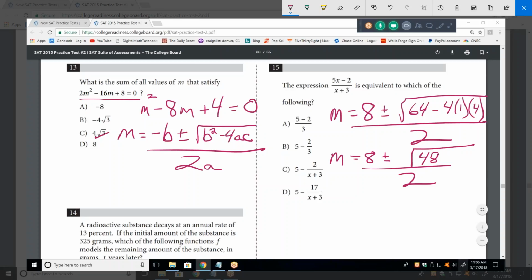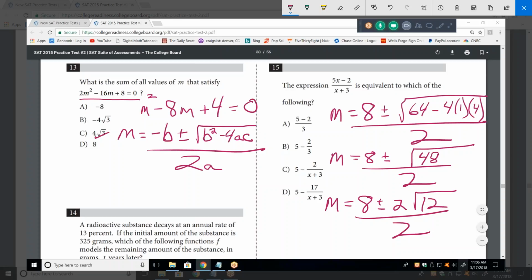Now, a 4 is a factor of 48, so I'm going to pull that 4 outside of the radical. Now I have this. And 4 times 12 is 48. The reason I didn't take it all the way down, you'll see in a second.